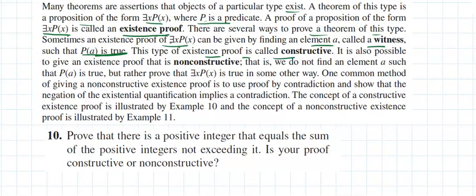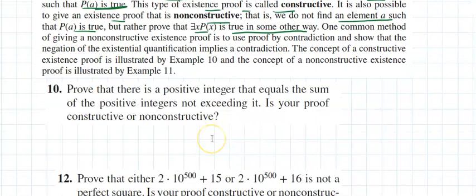It is also possible to give an existence proof that is non-constructive. That is, we do not find the element a such that P of a is true, but rather we prove that there exists an element that is true in some other way. So let's look at that and figure out how this works.